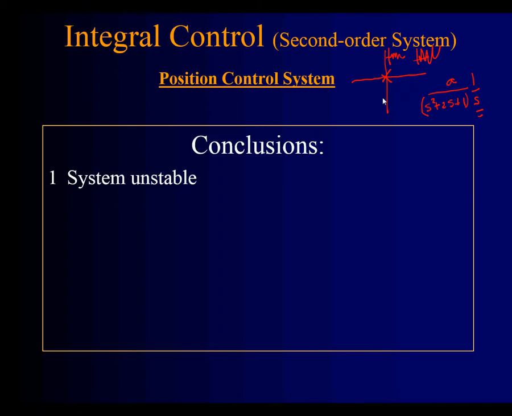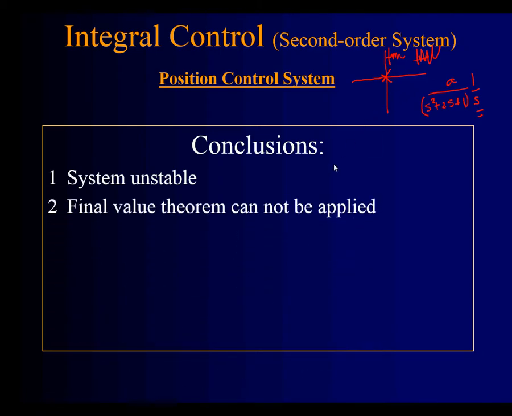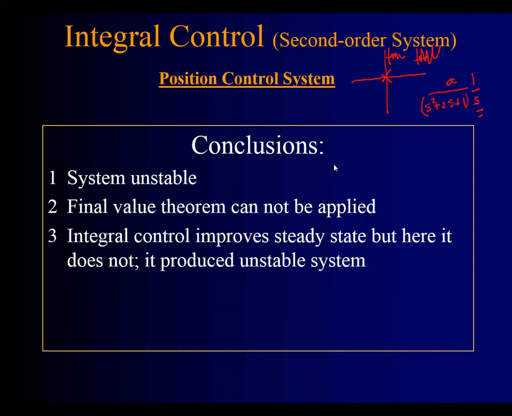So be careful. The system is unstable with integral control. The final value theorem cannot be applied, and integral control improves steady state error, but it could produce an unstable system. So integral control is like medicine, but don't take too much, because you could actually mess it up.